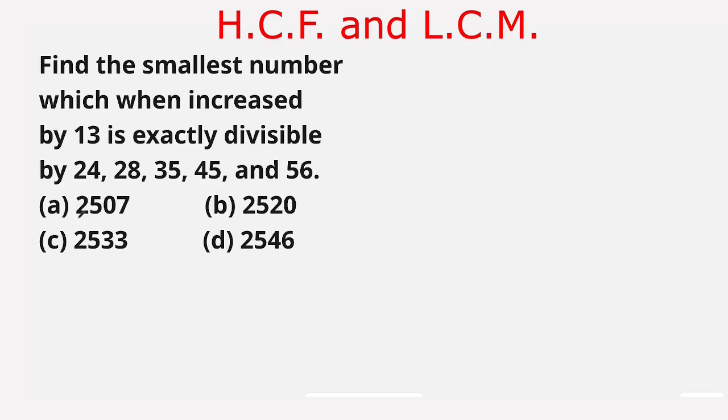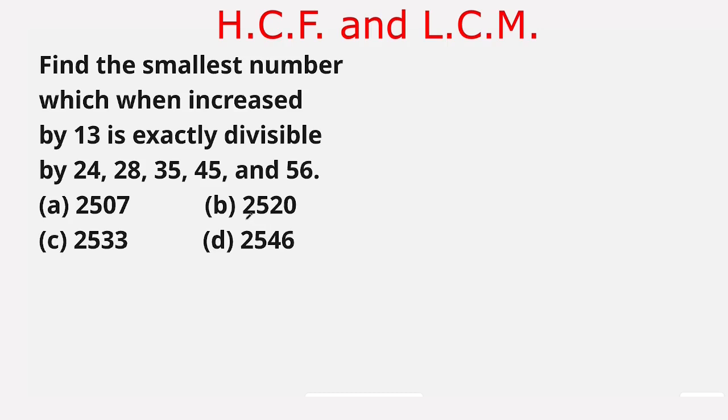Now if we add 13 to 2507, it will become 2520, and the sum of the digit is 2 plus 5 plus 2 is 9. So option A is divisible by 9. It means that it might be our answer.